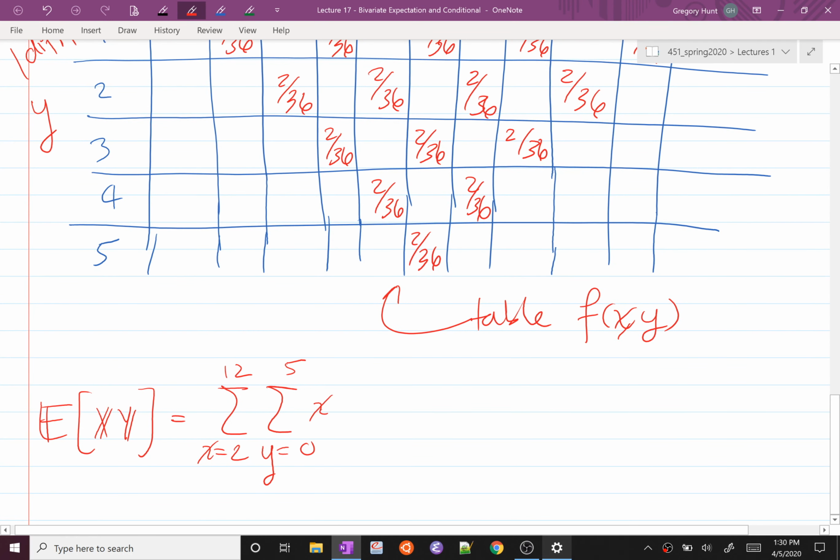And it's going to be x times y, so that's our function here, times the joint PMF, f of x, y. So at this point here, it's just going to be a little exercise in adding together some numbers. I think if you do this out, you get about 245 out of 18. Now that's not less than 1, but this is not a probability, it's an expected value, so that's okay.